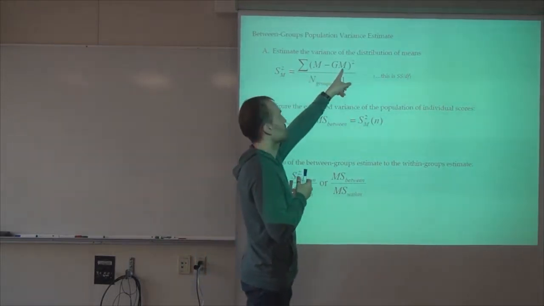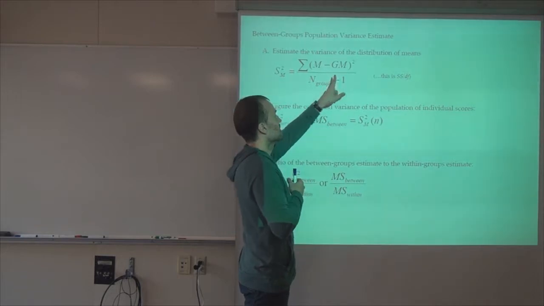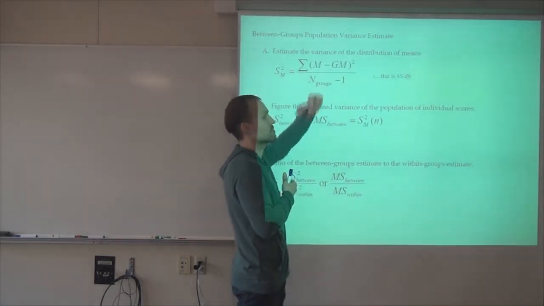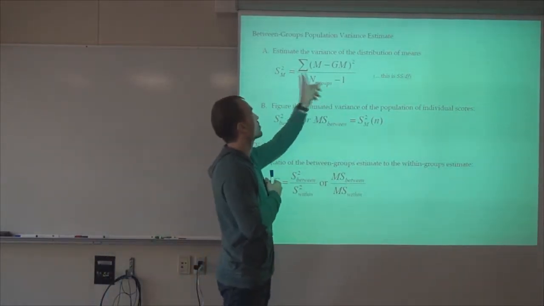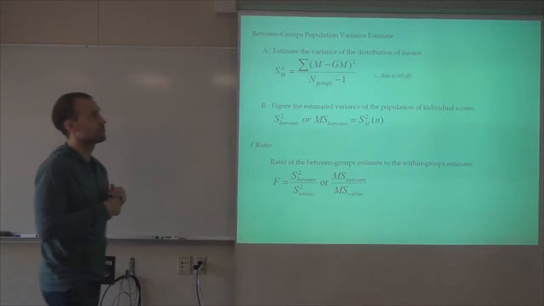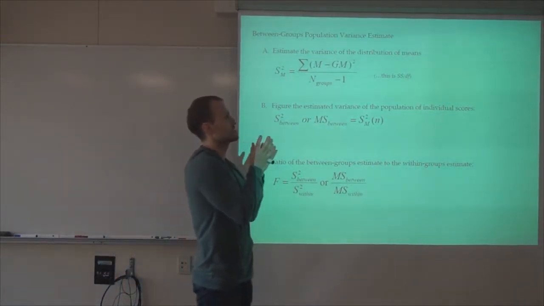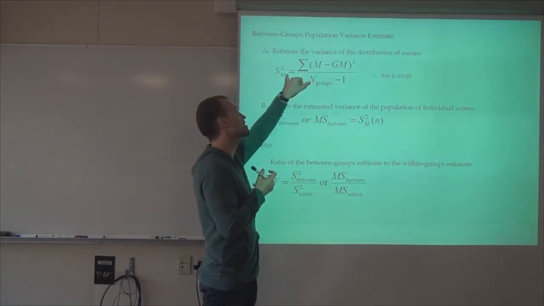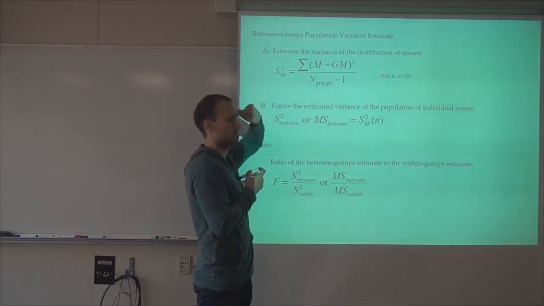So it's the sum of the square deviations from their mean, which I'll call the grand mean, divided by the number of groups minus 1, because that's how many means I'll have. That minus 1 will give me an estimate for that variance. But that is a variance estimate not for the population.